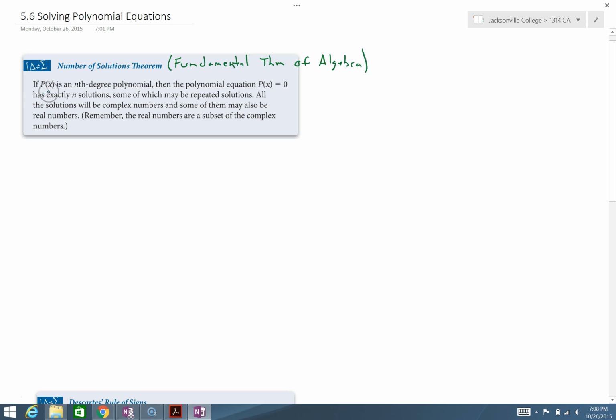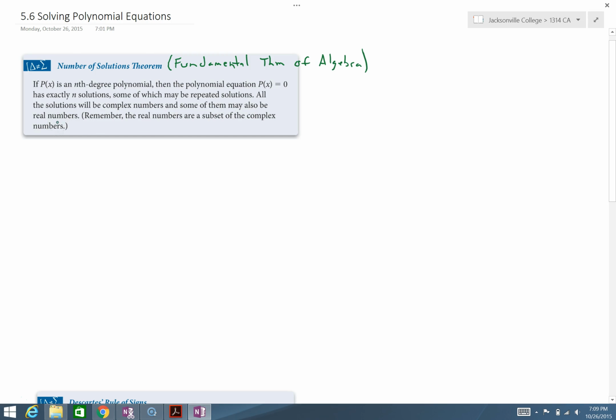It says if p of x is an nth degree polynomial, then the polynomial equation p of x equals 0 has exactly n solutions, some of which may be repeated solutions. All of the solutions will be complex numbers. That means it can have an i with it, or it could be just a real number. It can have an imaginary portion, and some of them may also be real numbers.